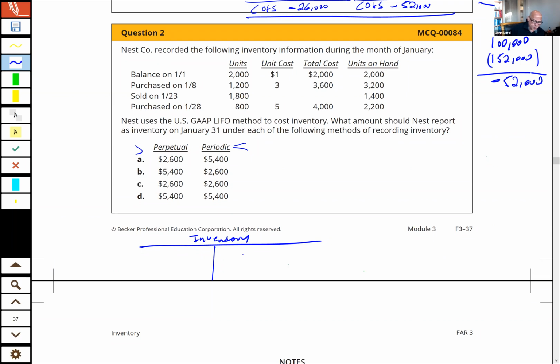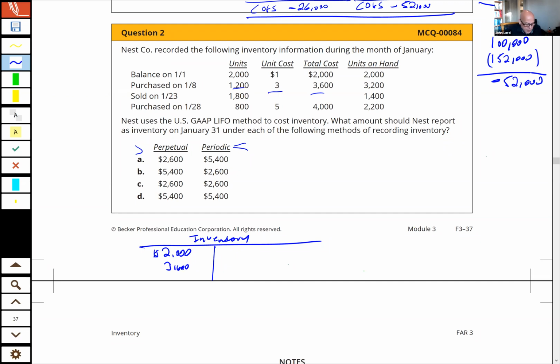Because you keep track of your inventory after each purchase, after each sale. So they tell me that there were 2,000 items, $2,000 worth at $1 a piece of inventory at the beginning of the year. Then they tell me that they purchased, at $3 unit cost, 3,600 more.